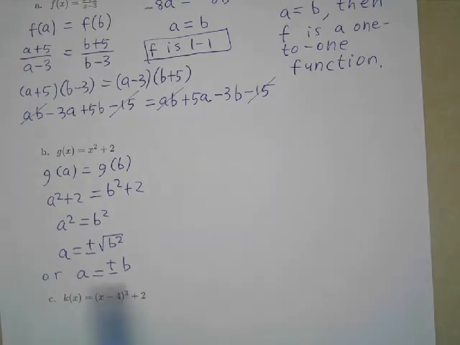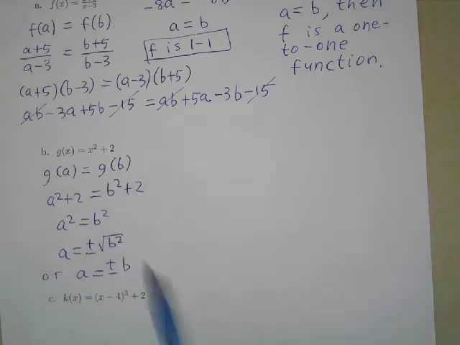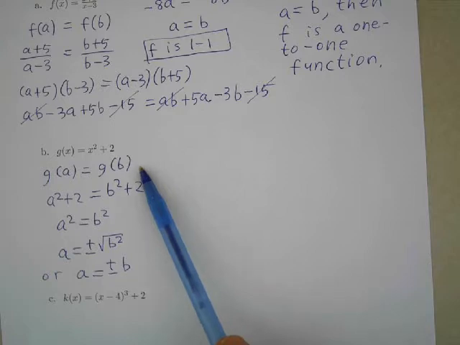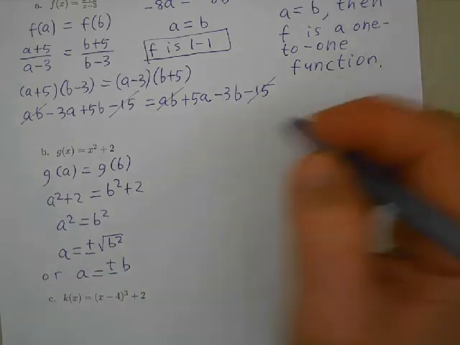So this shows that even though g of a equals g of b when a equals b, it's also the case that g of a equals g of b when a is equal to the negative of b. You can do a specific example.